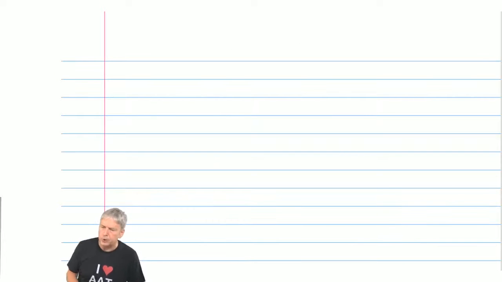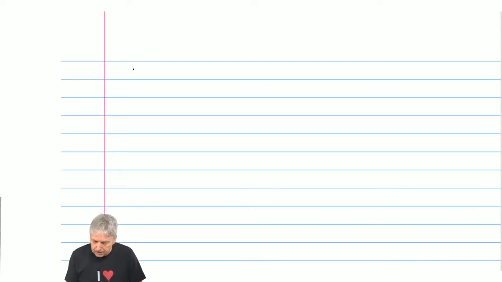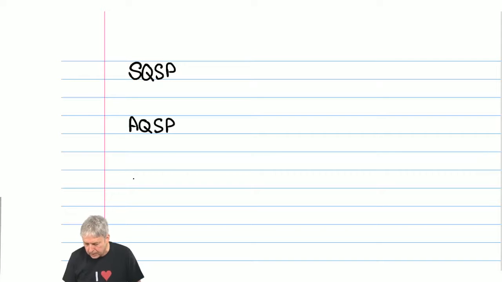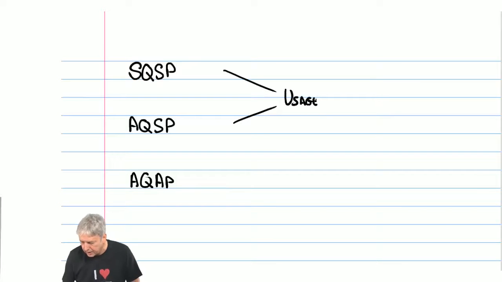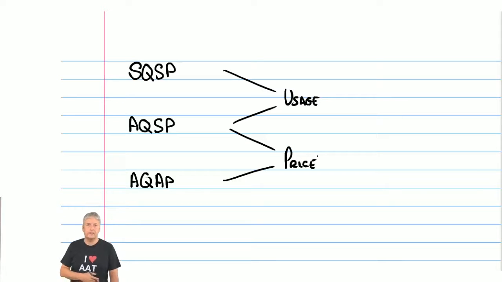You could, of course, do this on the face if you wish, but just so it's easy for everybody to see, let's go for our materials. Standard quantity, standard price. Actual quantity, standard price. Actual quantity, actual price. Compare the first two, and that gives us the usage variance. Compare the latter two, and that gives us the price variance. Very straightforward indeed.